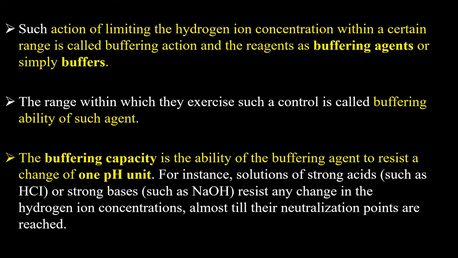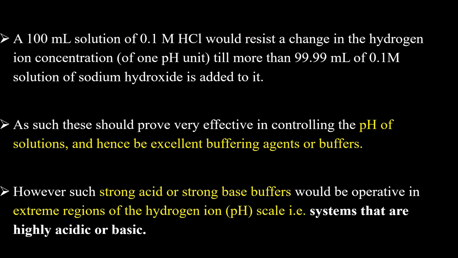For instance, a solution of a strong acid such as HCl or a strong base such as NaOH resists any change in the hydrogen ion concentration almost till their neutralization points are reached. A 100 ml solution of 0.1 molar HCl will register a change in the hydrogen ion concentration of 1 pH unit only when more than 99.999 ml of 0.1 molar sodium hydroxide solution is added to it.